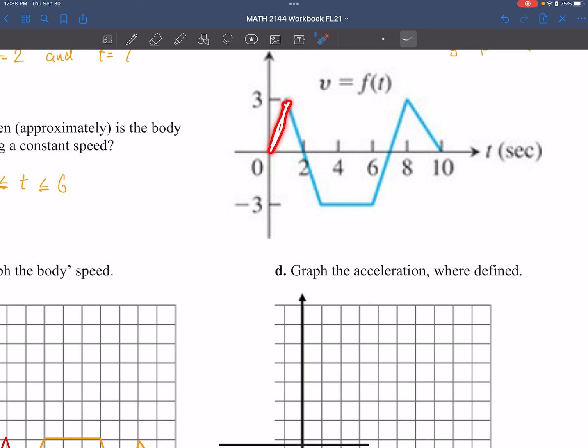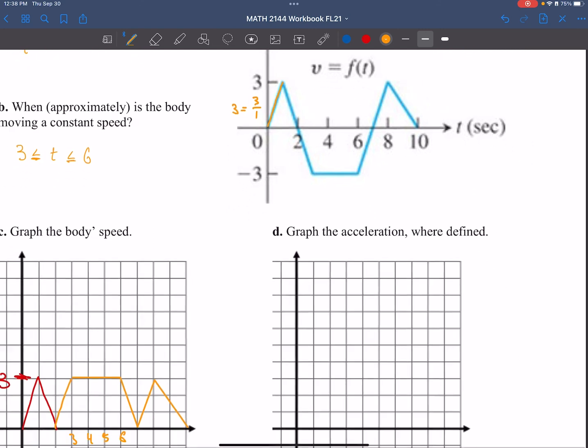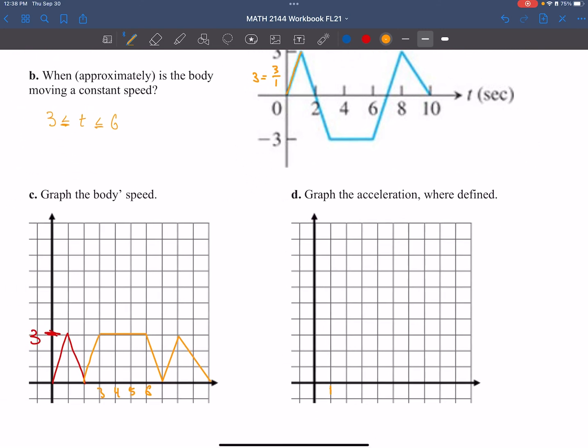And constant functions graph look like horizontal lines. So to figure out the derivative here, consider the slope. We did 3 over 1, or 3 is the slope of that first little orange part. So from 0 to 1 on the graph of the acceleration, we have to be at 3. So that's going to be right here to here.